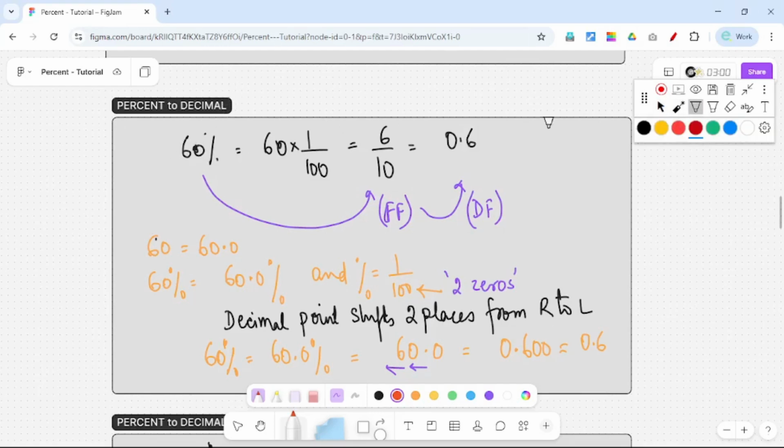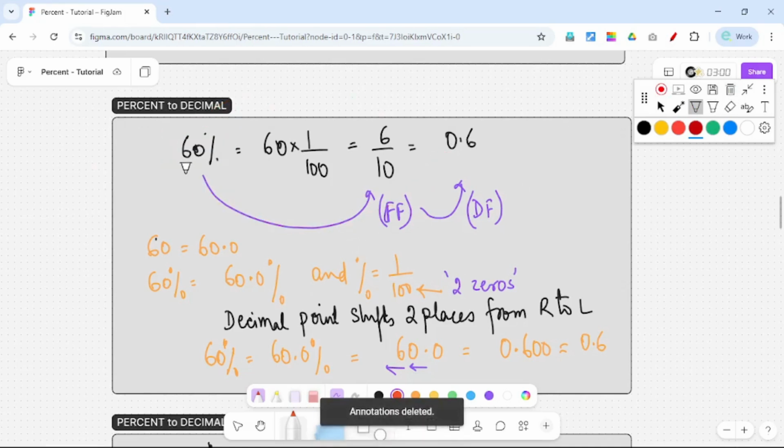For example, we take this example, 60%. Now there are two methods to convert. First, either you convert 60% into a fraction form first, and then from fraction form to a decimal form.